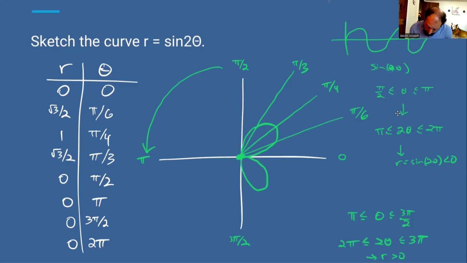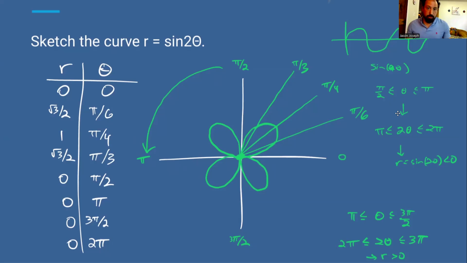So I did the first loop, did the second loop. Now the third loop is going to come like that. And you could probably guess r will be negative again for that fourth range of values from 3 pi over 2 to 2 pi. And we will end up looking like this. And then the graph would repeat after that. Okay, so that we can call a 4-petal rose.